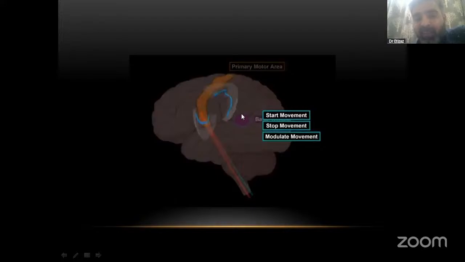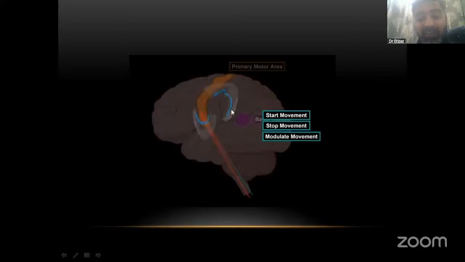The basal ganglia will process this information and modulate and modify it according to the information given from the corticospinal tract. Then this information is sent back to the corticospinal tract at the higher motor cortex. Then the information will go downward. Okay, got it? The corticospinal tract, the efferent pathway, at the level of the basal ganglia, this information will go to the basal ganglia.